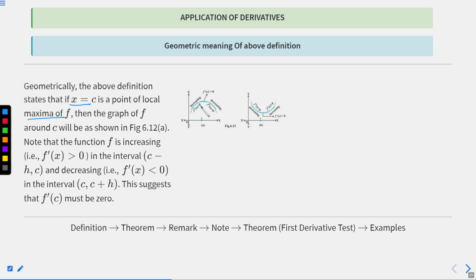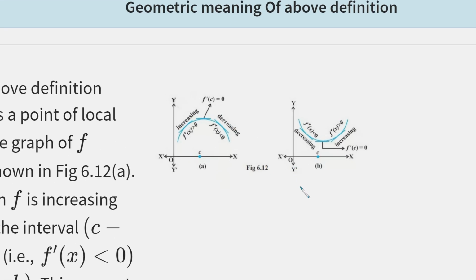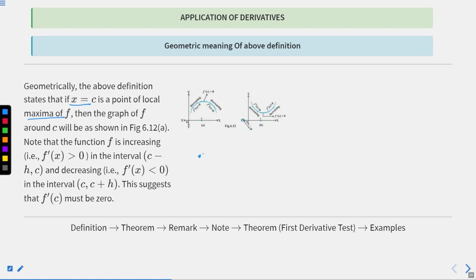So what is happening? Look at the graph. So this is your c point. Say this is your c minus h and this is your c plus h.